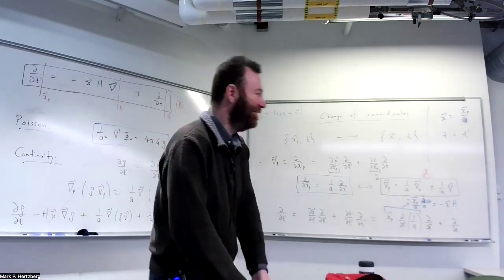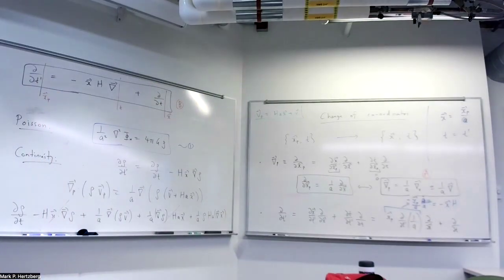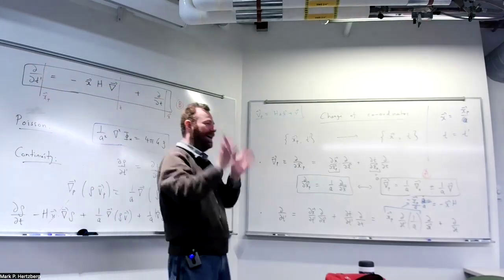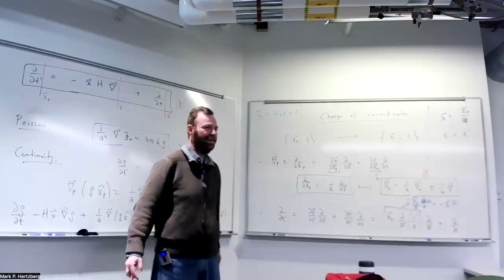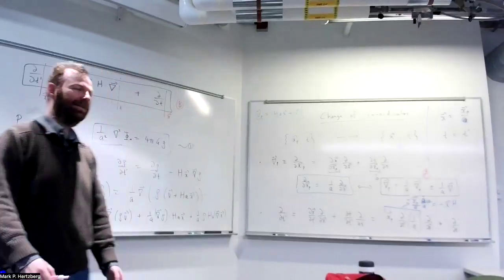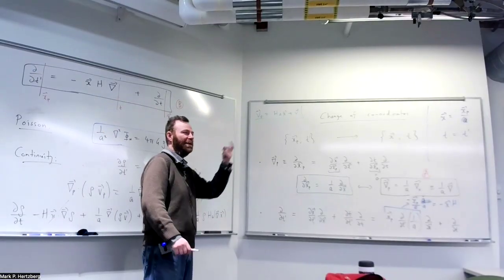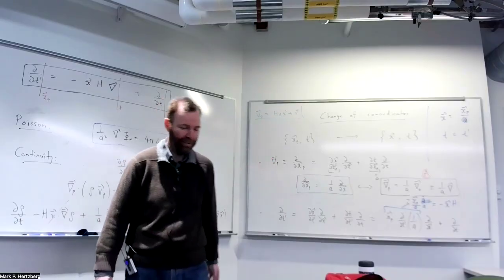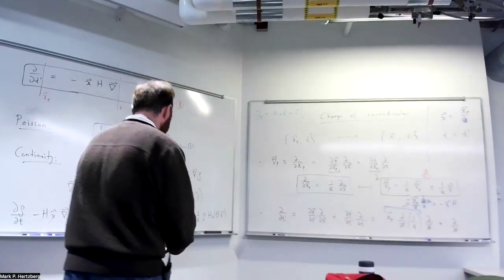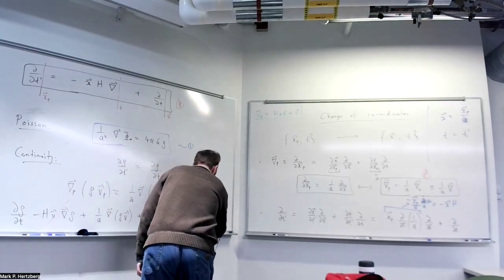Based on the philosophy that 50% of my answers are 0. The divergence of x is not 0. It's a vector that goes out. It looks like it diverges. Is it 3? Yeah, it is 3. Right? You get a partial derivative with respect to x coordinate plus the partial derivative of the y plus the partial derivative of the z. 1 plus 1 plus 1, we get 3. Okay. So this thing here is 3. The a's cancel.